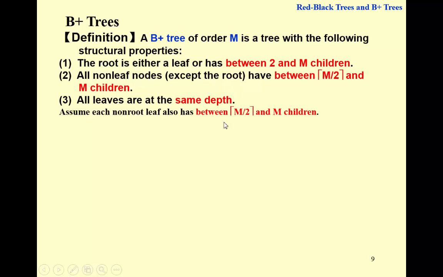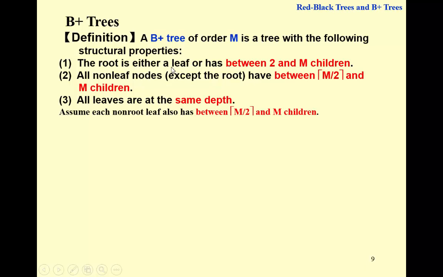So here's the definition of a B plus tree. First of all, a B plus tree is not necessarily a binary tree. Usually it's not a binary tree. It's a tree of order m. The B plus tree of order m is a tree with the following structural properties. First, the root is either a leaf node or has between 2 and m children.